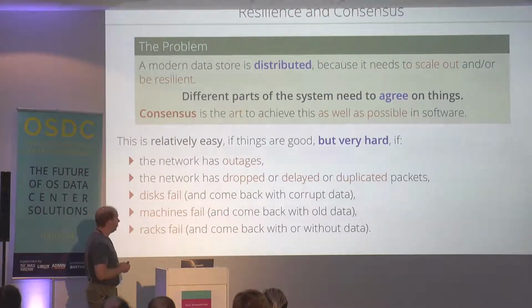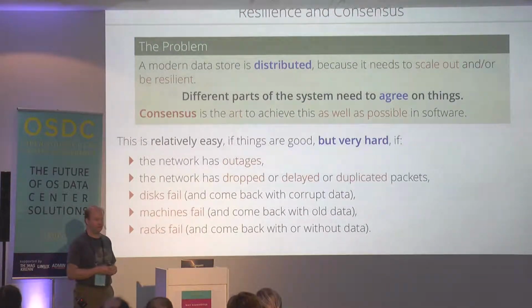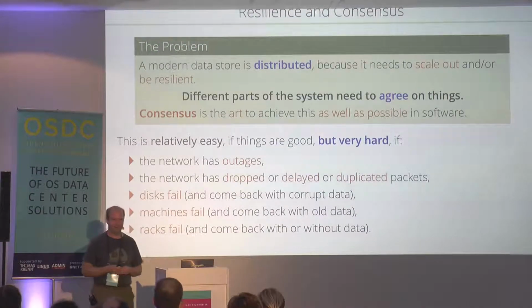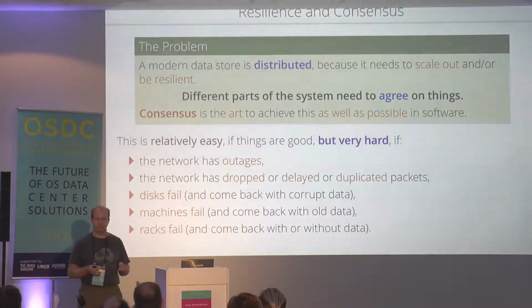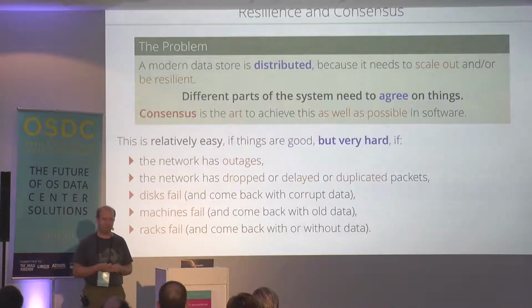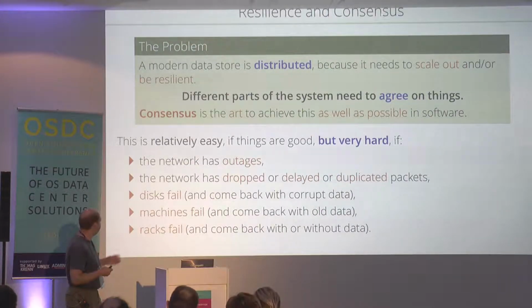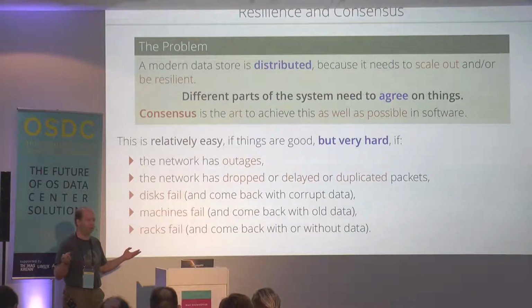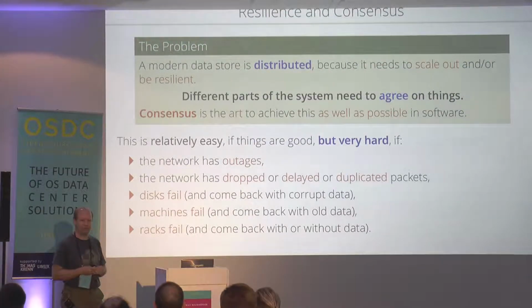However, if your network has outages, your servers fail, your disks fail and maybe come back in a corrupt way, bits flip, machines fail, racks fail, network splits happen, and you all know this is not a theoretical thing.